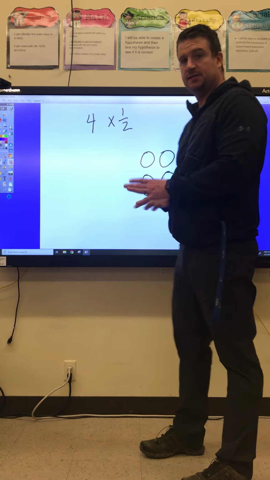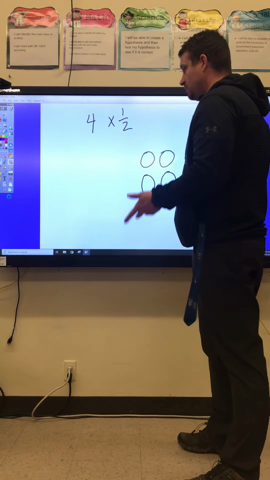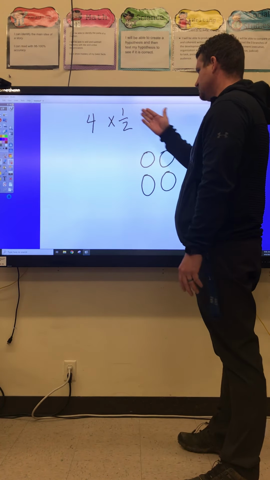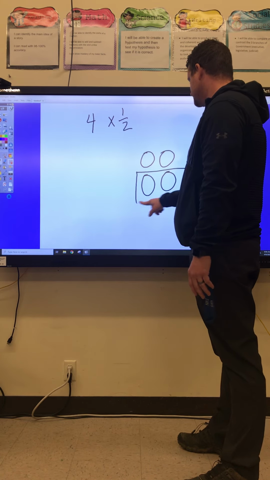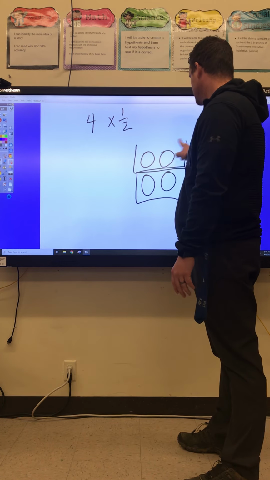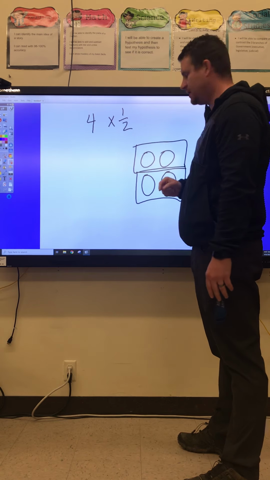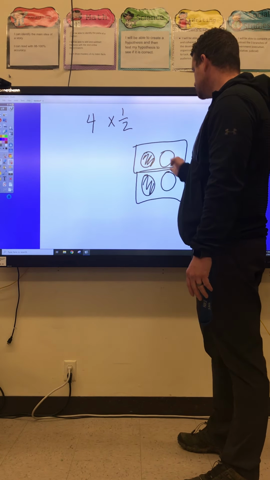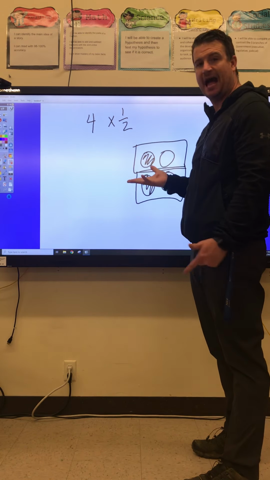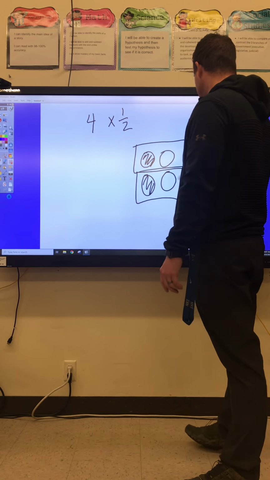This is a different method of showing it. We have 4 things, half of them are colored. So we could break this into groups of 2, because this shows how many groups we have. In each group of 2, half is colored. So we can just add those up, and it's 2.